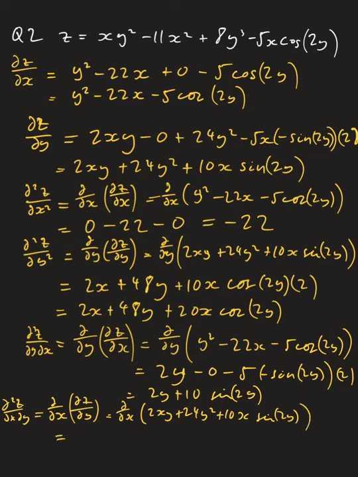If we differentiate that now with respect to x, treating y as a constant, that's what the ∂x means, we should get back the same thing we had above. So 2xy becomes 2y, which is good. 24y squared becomes 0. And 10 times x times sine of 2y differentiated with respect to x just becomes 10 times the sine of 2y. And so the mixed second derivative comes out the same no matter which way we do it, which it always will.